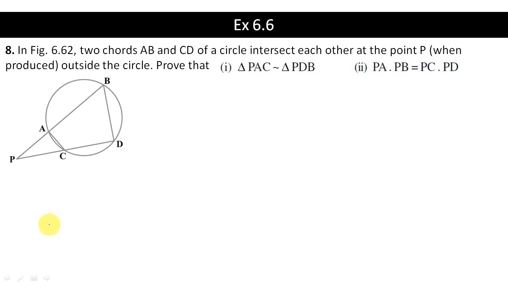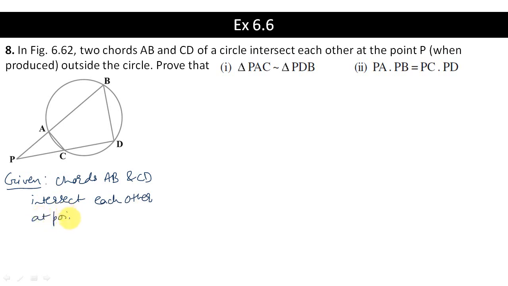So point P is here outside the circle. We are given that chords AB and CD intersect each other at point P outside the circle.